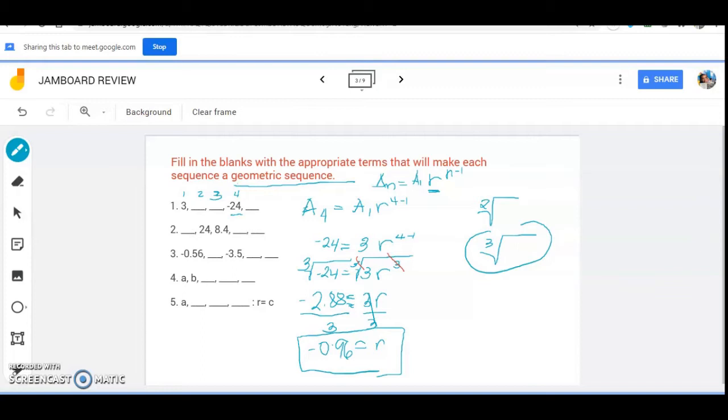Okay, very good. We have negative 2.88. What about the next term? 8.64.